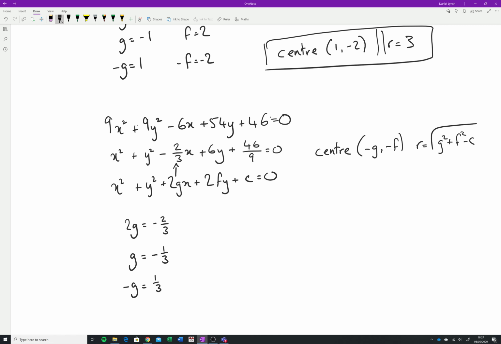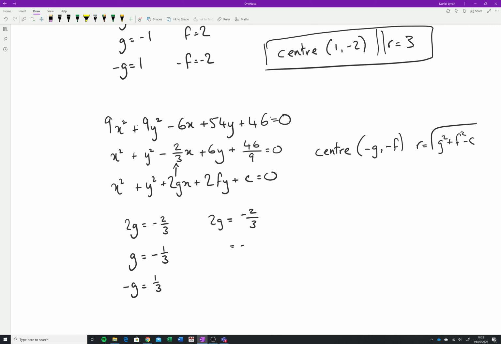If you find that difficult, if that's not to your liking, multiply both sides by 3. 6g is equal to minus 2. Okay, g is equal to minus 2/6, or g is equal to minus 1/3, and then minus g itself is 1/3. That's perfectly fine.